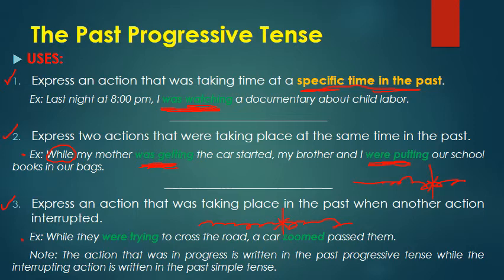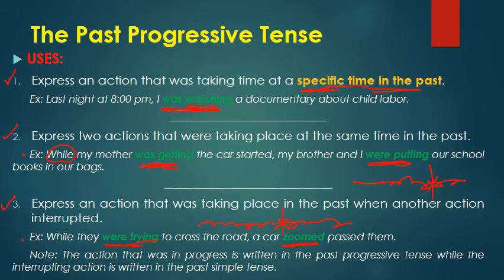So action happening, past progressive, which is was and were plus verb ing, and the interrupting action is expressed how? In the past simple tense. While I was reading my book, the door bell rang. Action happening is in the past progressive, was watching, and the interrupting action is expressed in the past simple.